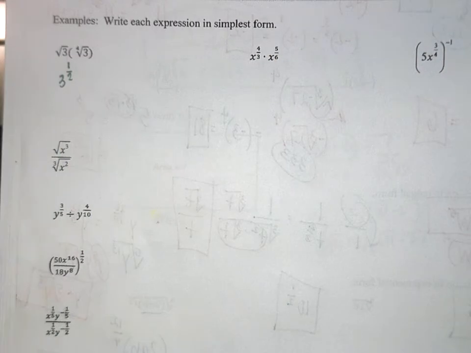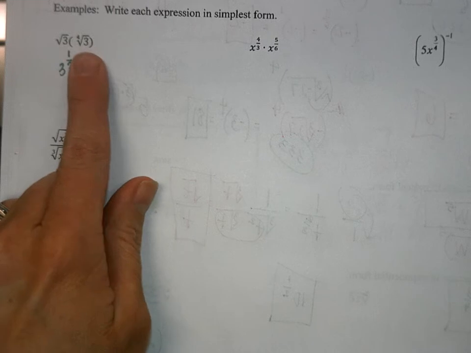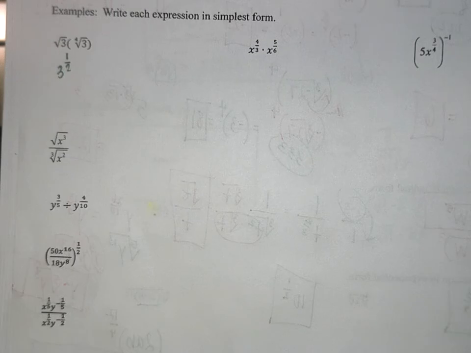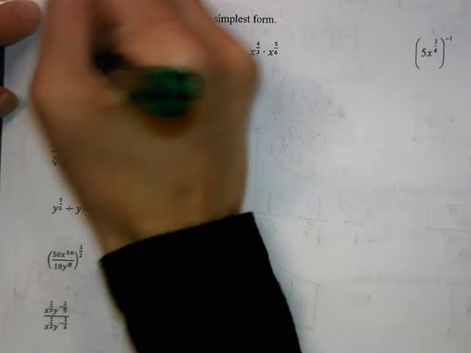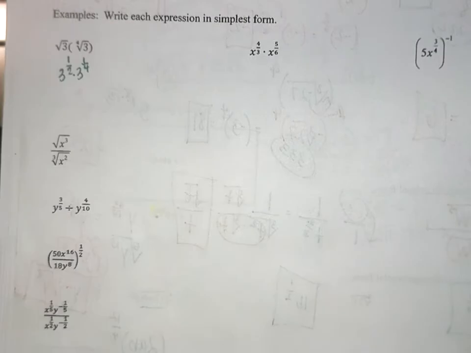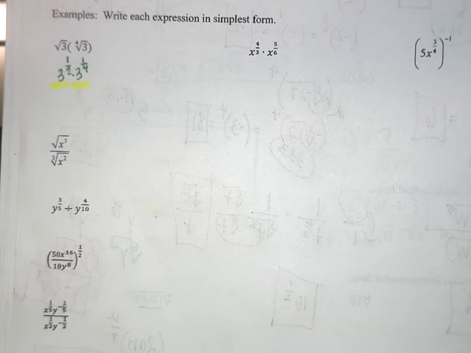Okay. I'm going to pull another stick. Help me write this one now in exponential form. Devin. It's 3 to the 1/4. Very good. Now, do these have the same base? Yes.